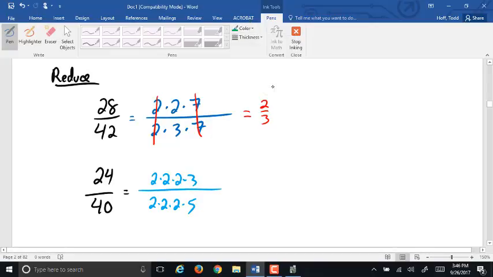Well, what can we cancel there? A 2. What else? Another 2 and another 2. We're left with 3 over 5. So 3/5 is how we reduce that.